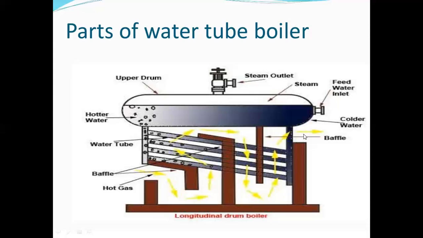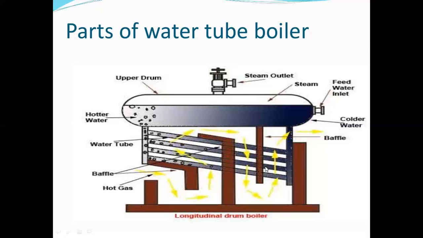When the water flows from the downtake header to the uptake header, the water in the tubes absorbs heat from the hot gases, so the water is slowly heated. Here it is completely water.